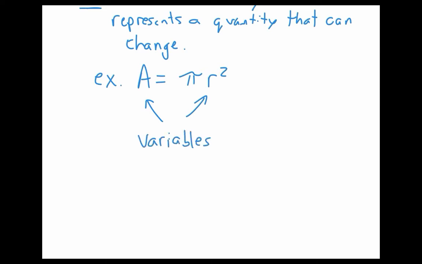I'm probably on a quiz or a test going to give you something with a pi in it to see if you pick it. Pi isn't a variable. Do you remember the name for something like pi? Starts with a C. Nice, constant. A constant is something that doesn't change.